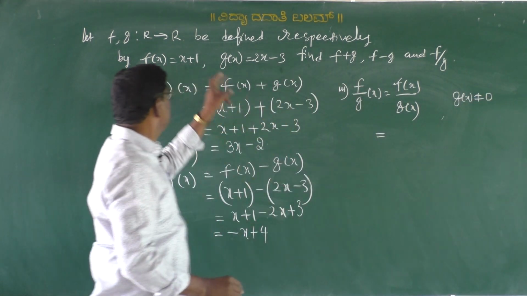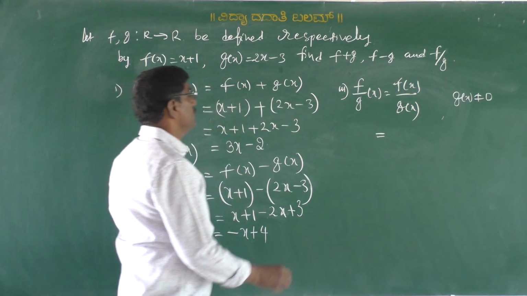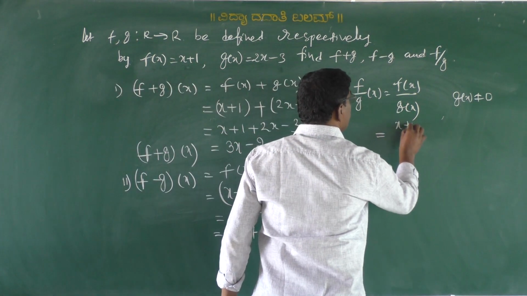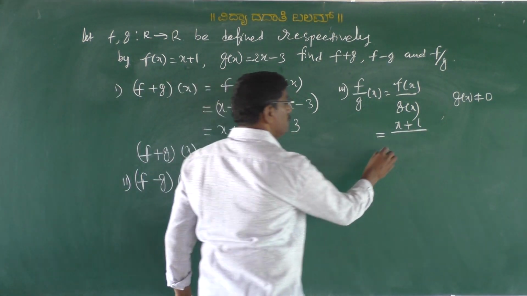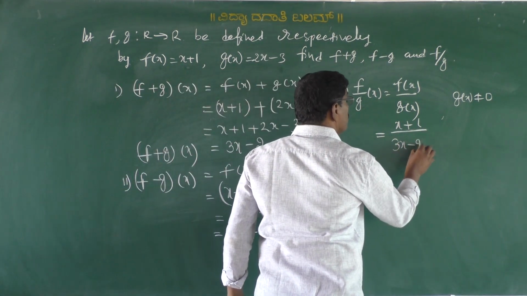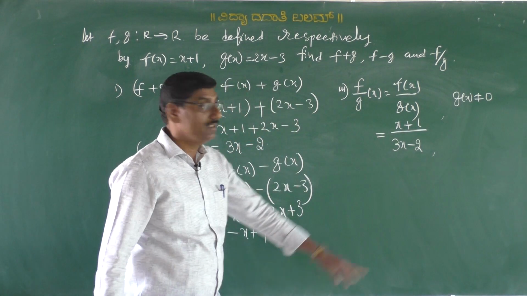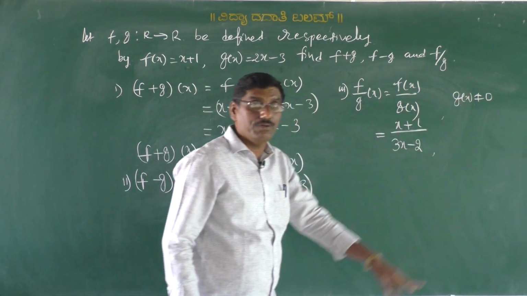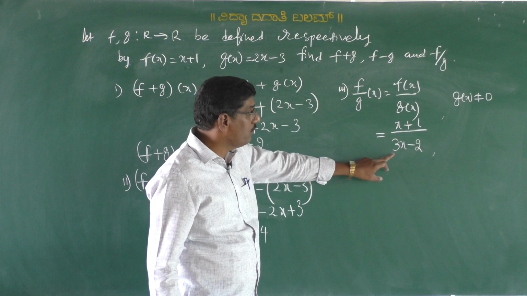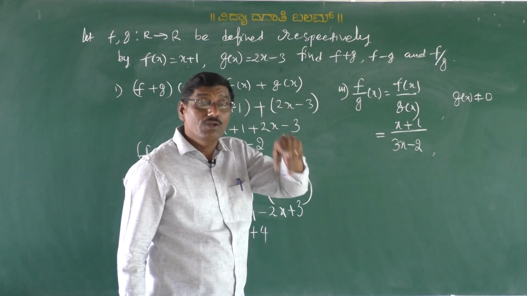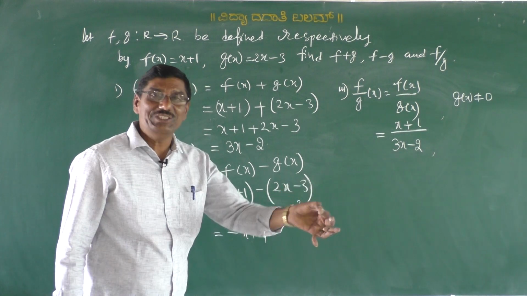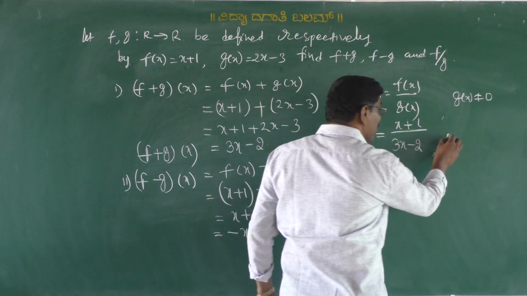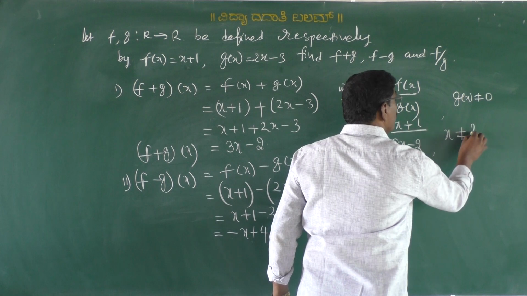We know f of x is x plus 1, divided by g of x, which is 2x minus 3. Then here we have to write the condition g of x is not equal to 0, that means 2x minus 3 is not equal to 0, so x is not equal to 2 by 3.